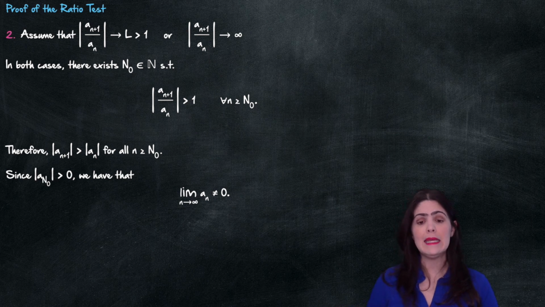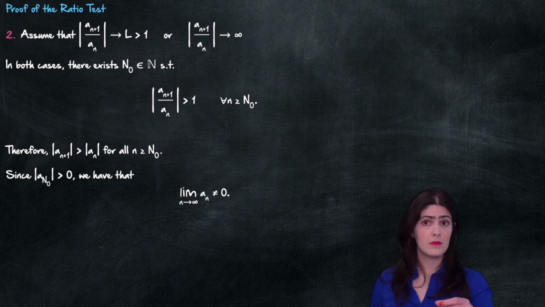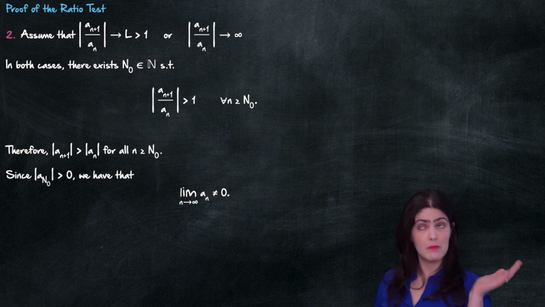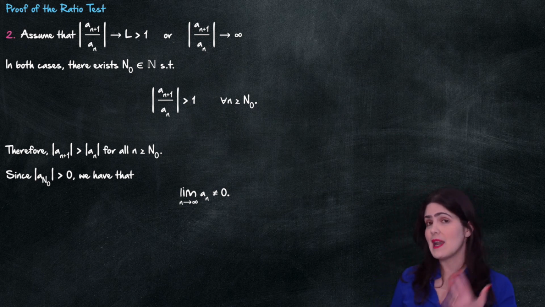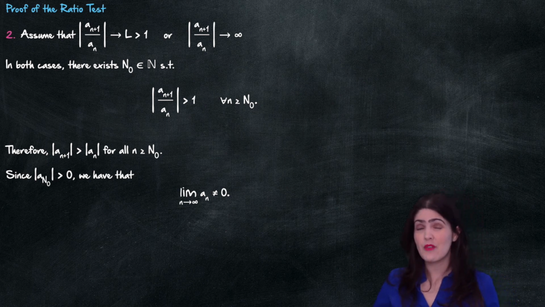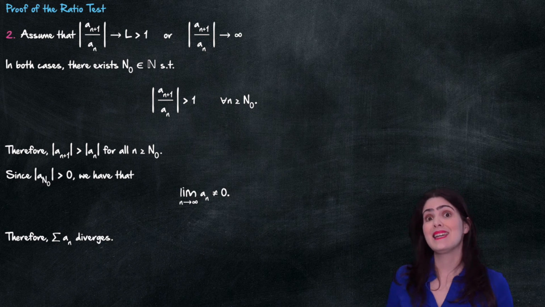So we have an increasing sequence, and the first term that we're looking at is not 0, so the limit, if it exists, has to be bigger than 0. So we know that the limit is not 0, and if the limit of the a_n's is not 0, my series has to be divergent.